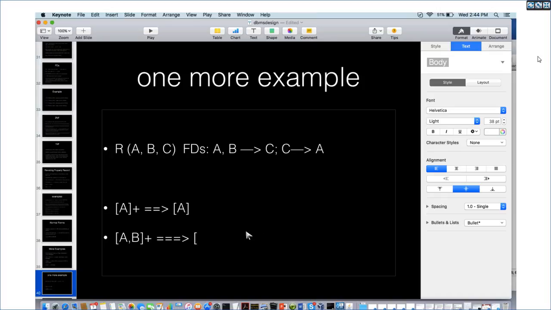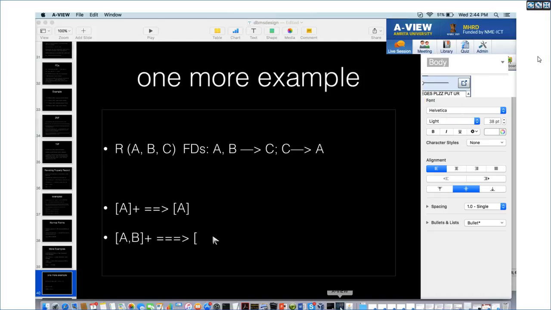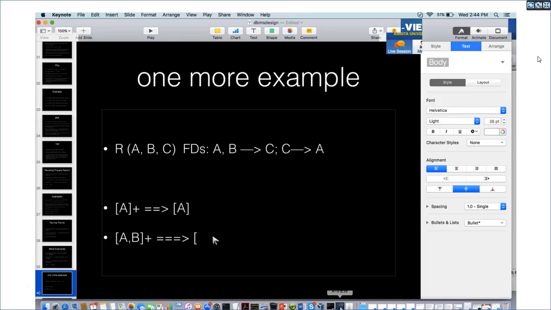I think AB is the key. Yes, this becomes ABC, the closure for this, which is the full attribute list of the relation. So once you take AB, you are able to get the full list of attributes of the relation, and hence AB is a candidate key.